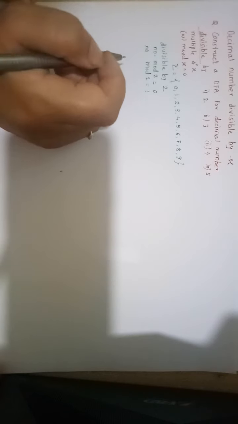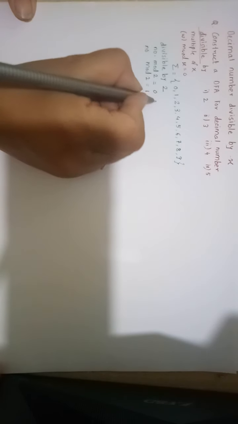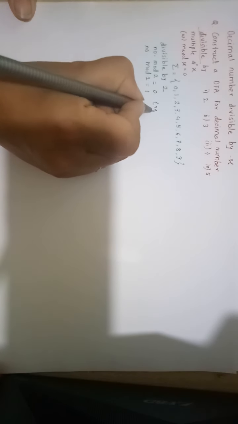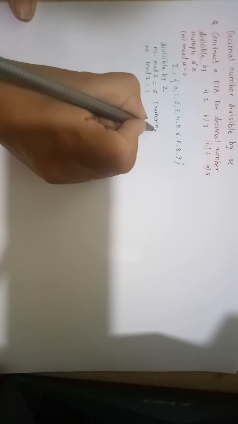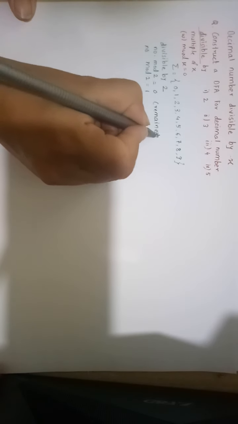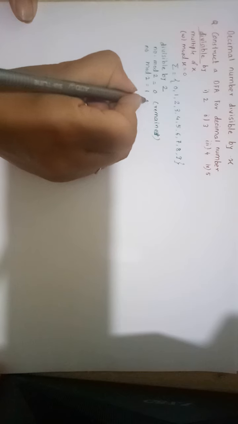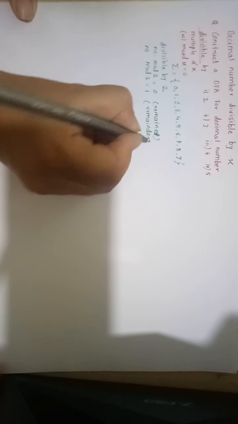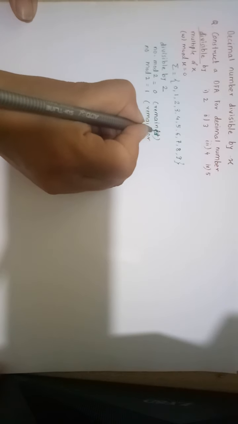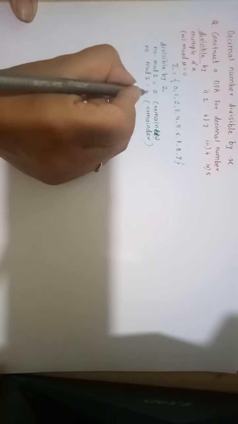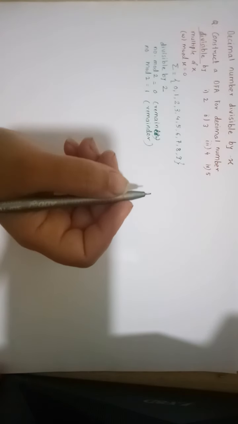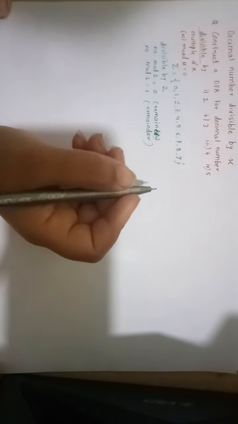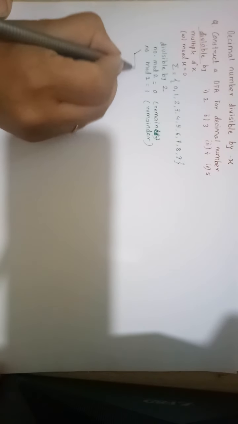Suppose the number is divisible by 2, then the remainder is 0. Otherwise the remainder is 1. Okay, so we prepare the transition table. In the transition table we define two parts.